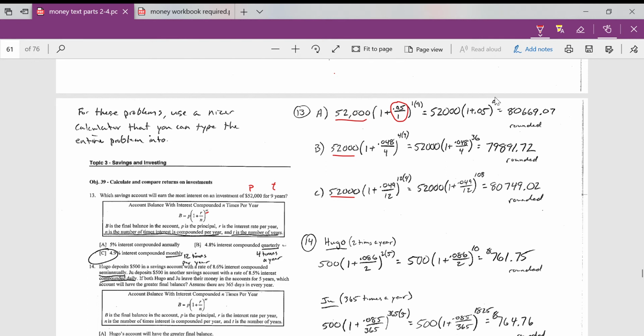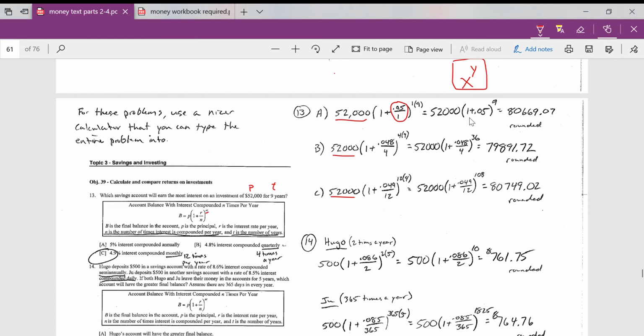This 9 is from 1 times 9. Now if I showed every step, and I'll do that I think for letter C down here, I'll show every step, but I'll talk through it here, so if you want to do it in your calculator you can. You'd hit 1 plus 0.05, so that's 1.05. Then you would have to use, remember the button like that on your calculator.